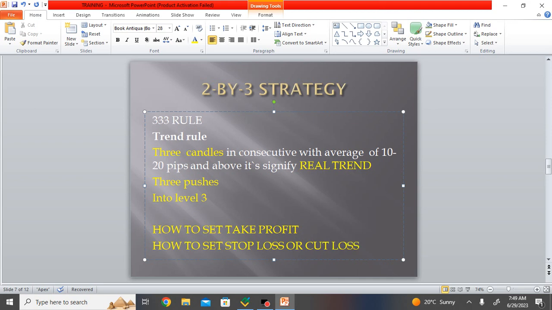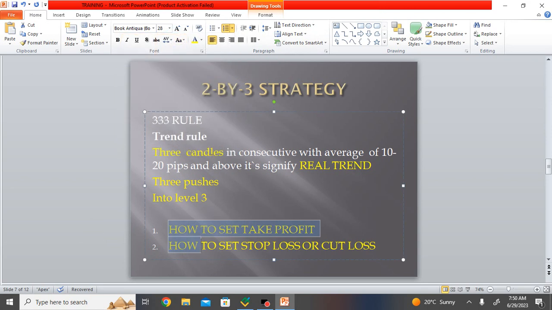If you didn't put a stop loss, that means you will put a cut loss. Yes. So these are the 2 concepts that you're supposed to do with the 2x3 strategy. So in the next video I will show you how to set take profit and stop loss or cut loss if the trend is long.